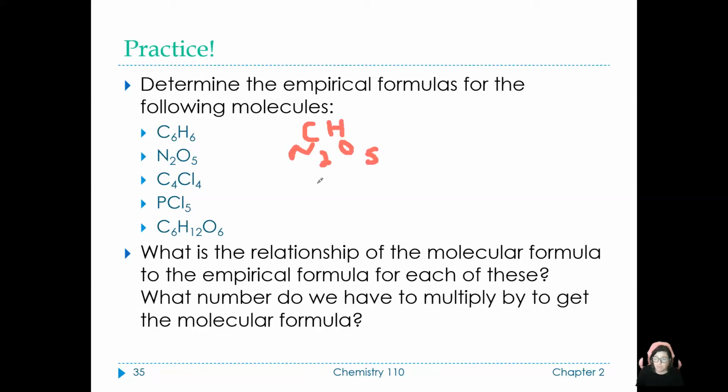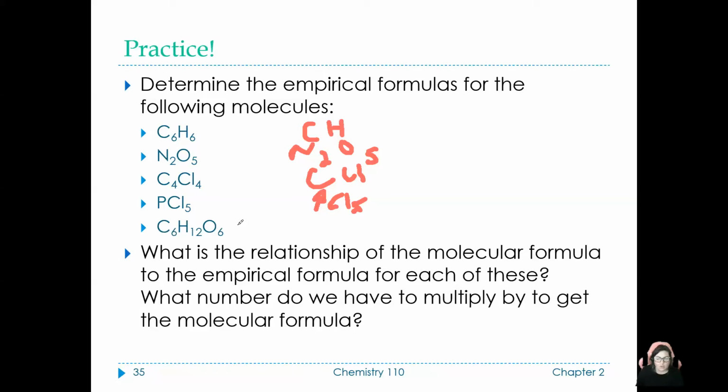C4Cl4. Shocking. I can divide both of those by 4, so I get CCl. PCl5. No way I can reduce that. So that's still PCl5. In this case, the empirical formula is the same as the molecular formula.